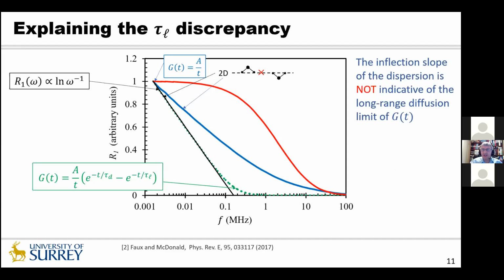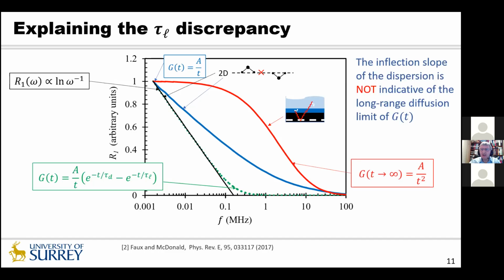It's further illustrated when we put in the 3 tau model equivalent to this. So this is the 3 tau model curve, where you can see that the slope here is very similar to the slope here, so it's indicative of what you get in your dispersion curves.